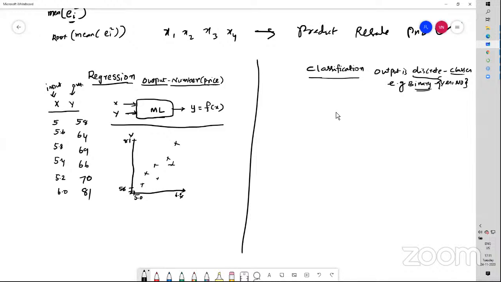Now, what mathematical function can represent the relationship between these two data points? We need to think about that. It's not magical that you give any input and any output, and we can generate that output from the input. No, there has to be some basis.